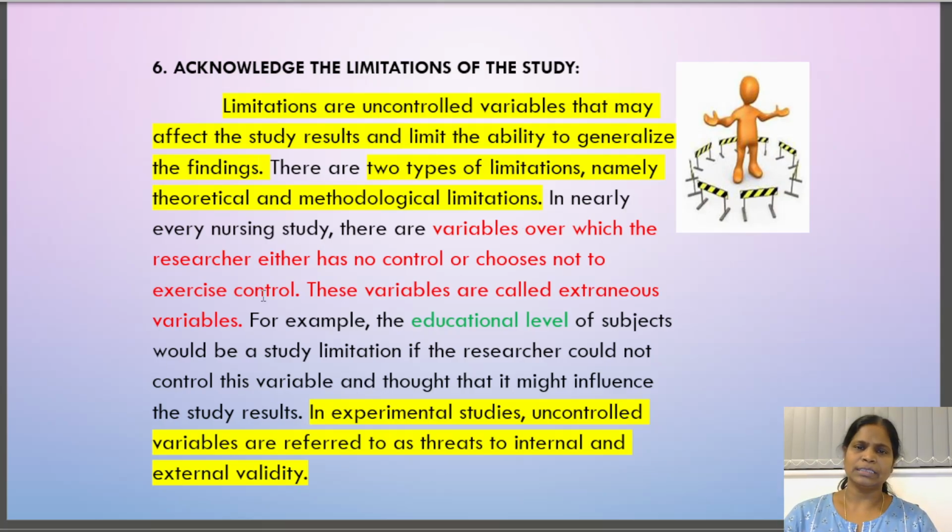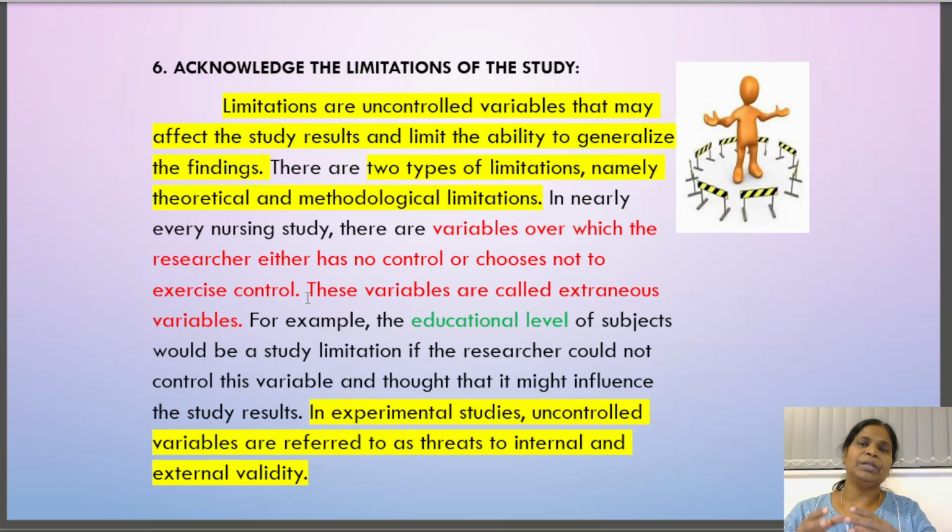Almost in all nursing studies, there are variables over which the researcher either has no control or chooses not to exercise control. These are extraneous variables. For example, if you are doing a study as mentioned previously, like body, mind, spirit based intervention on depression patients, you might select a sample and try to do it, but you really do not know their educational level regarding these mind, body, spirit interventions.